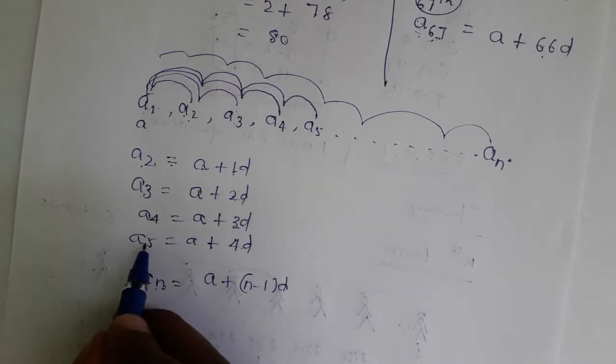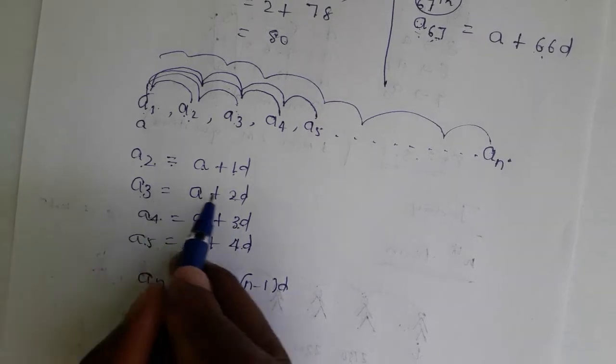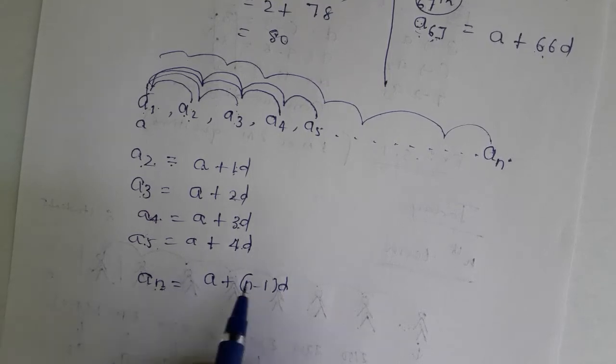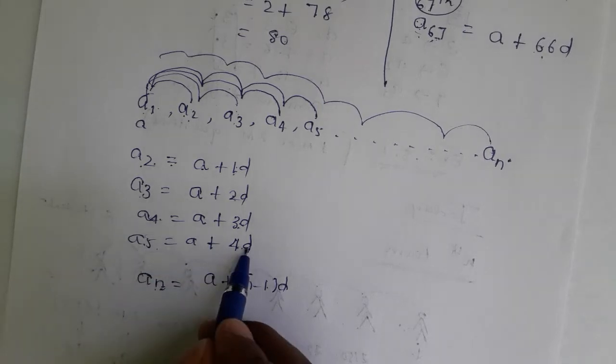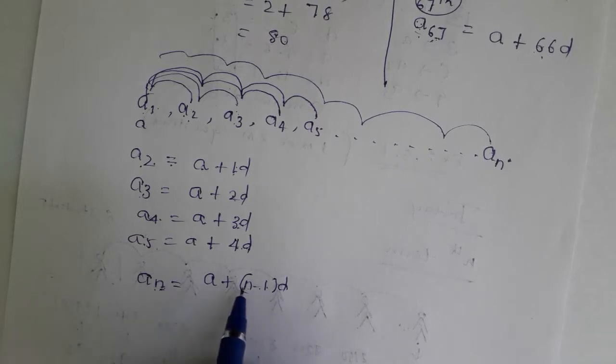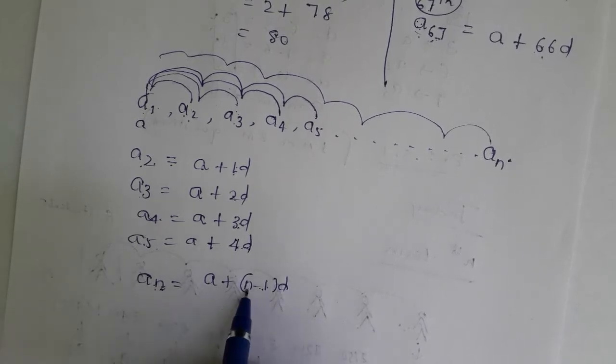So 5 becomes 4, 4 becomes 3, 3 becomes 2, 2 becomes 1. Similarly, how to reduce n by 1? N is a variable, right? So n is decreased by 1. How to subtract 1 from n? N minus 1. So An goes to A by taking 1 jump less, that means n minus 1 D.